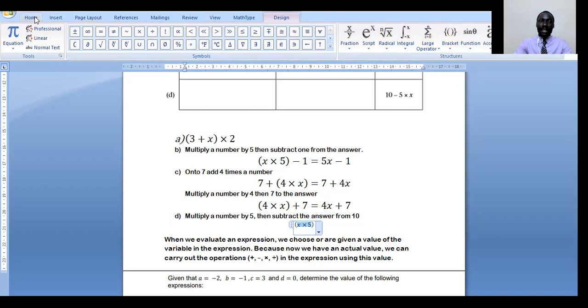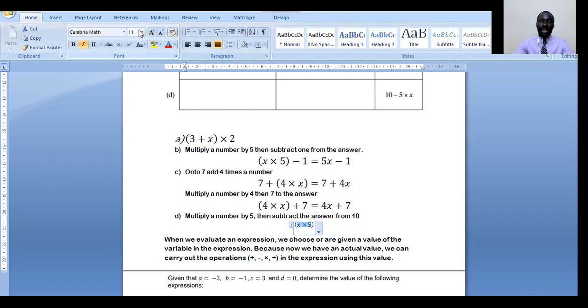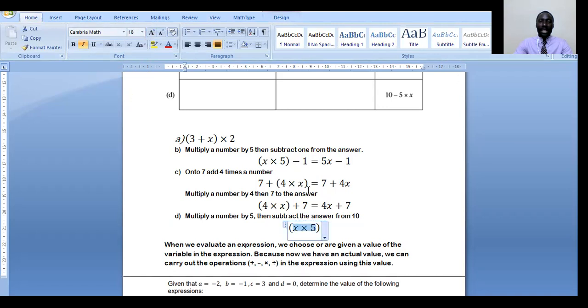Then after this, you want to subtract the answer from 10. To subtract the answer from 10 means you will have 10 minus this. That's the meaning of subtract this answer from 10.